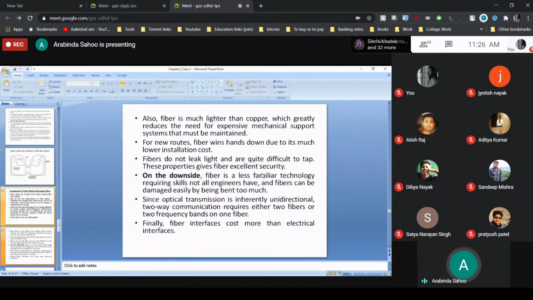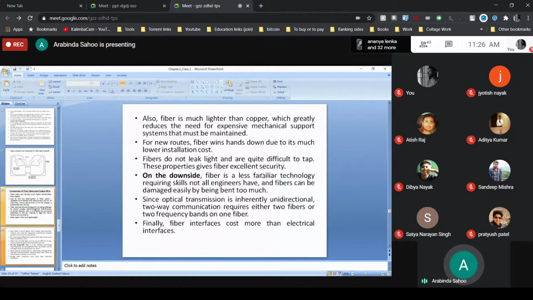By capturing this radiation, by tapping the copper wire, we can extract the data. There is a chance that security may be lost. Fiber does not leak light and is quite difficult to tap. This property gives fiber excellent security. So this is another advantage.